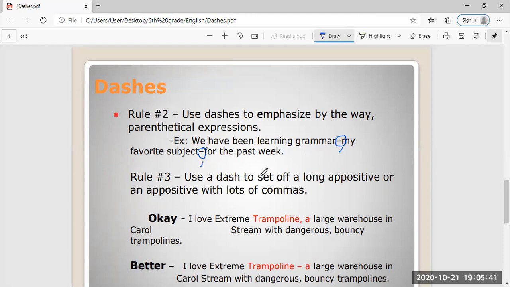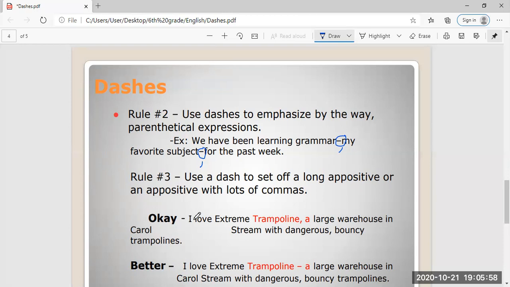Rule number three: use a dash to set off a long appositive, or an appositive with lots of commas. Instead of using a lot of commas, we can use dashes.